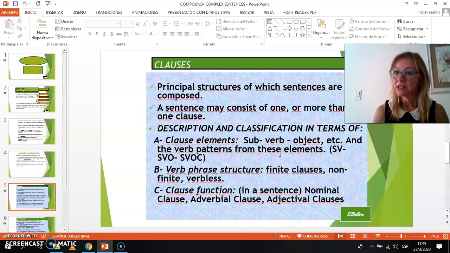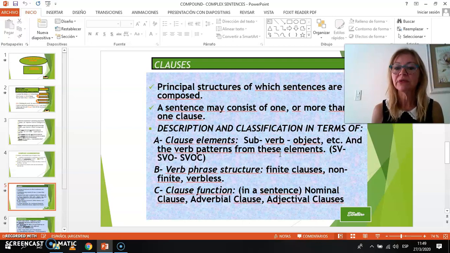When we study clauses, we can analyze different aspects of a clause. This is very important because this is what we have done in Grammar 1, in Grammar 2 basically.